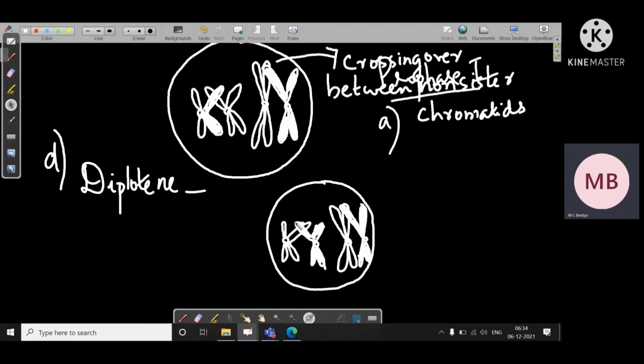So in the diplotene stage, when the synaptonemal complex is dissolving away, there's a tendency to separate away from each other. So this forms the shape of a letter X. So we can see that the synaptonemal complex dissolves away.